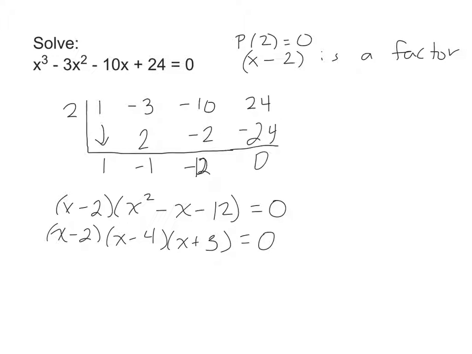Is that what you got? Yeah? What's the last step once it's all factored? Make each factor equal to 0 so that you can find these solutions. So these solutions are x equals 2, x equals 4, and x equals negative 3.